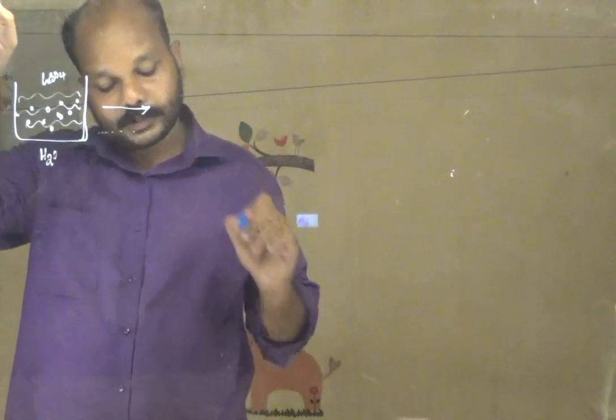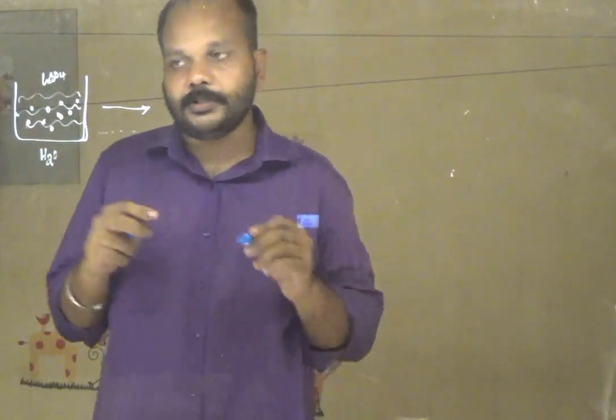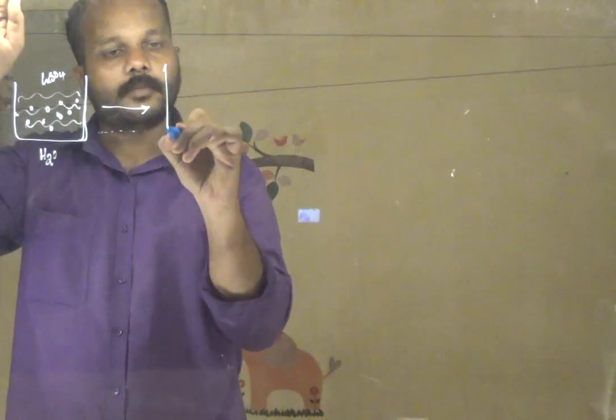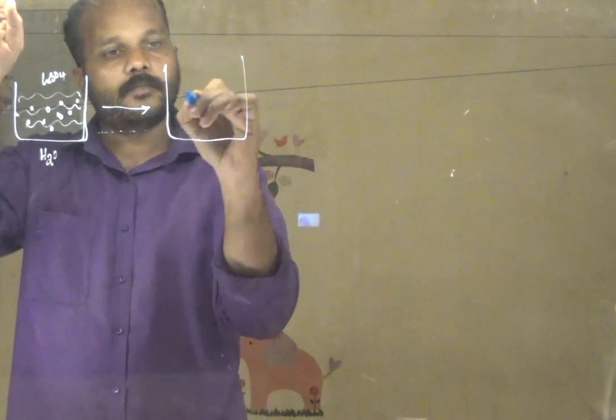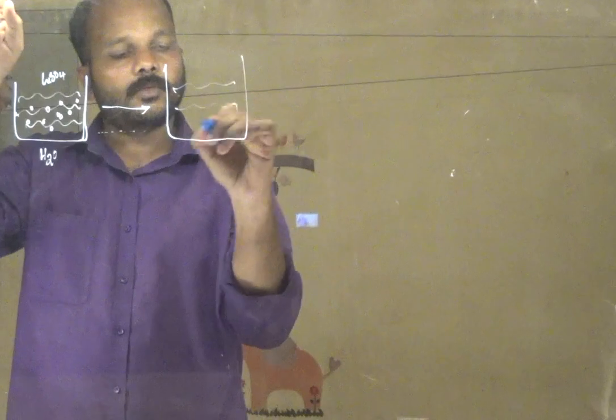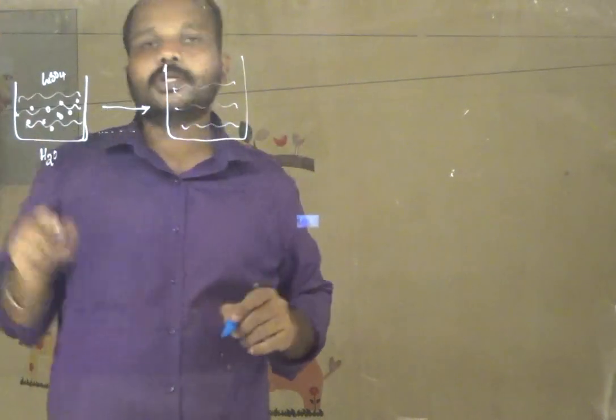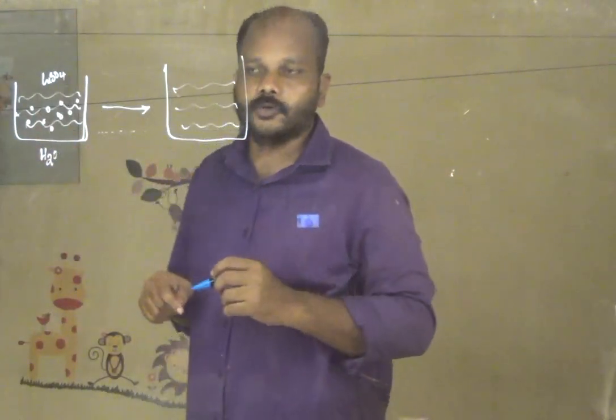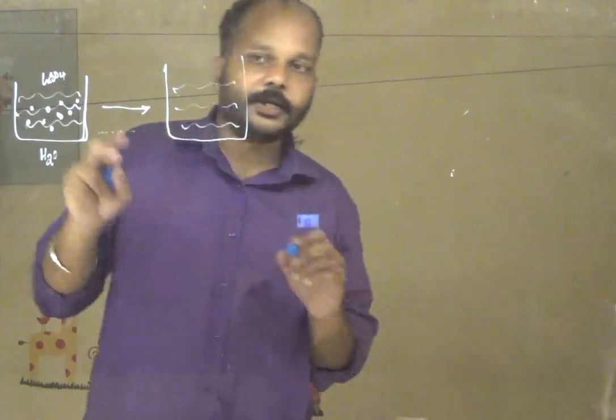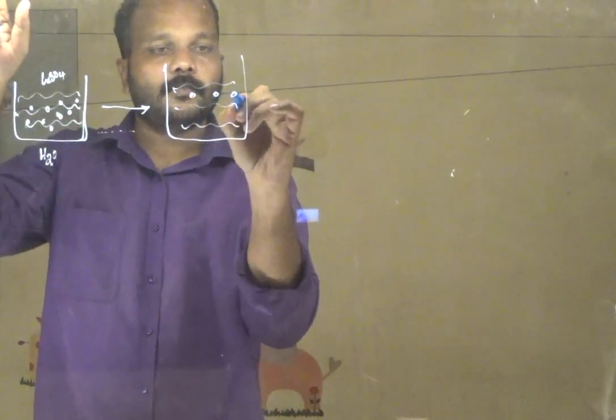The next way is you can slowly heat it. In order to take out the copper sulfate from this solution, the easy way is to heat it.